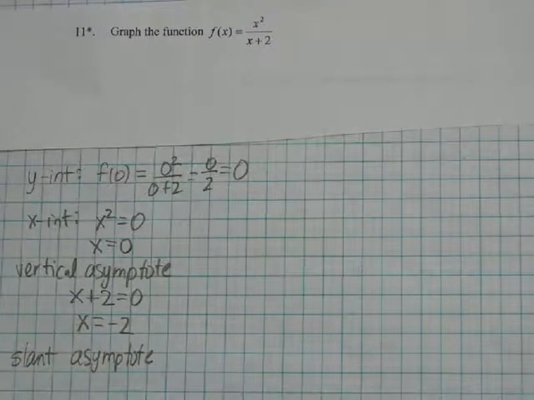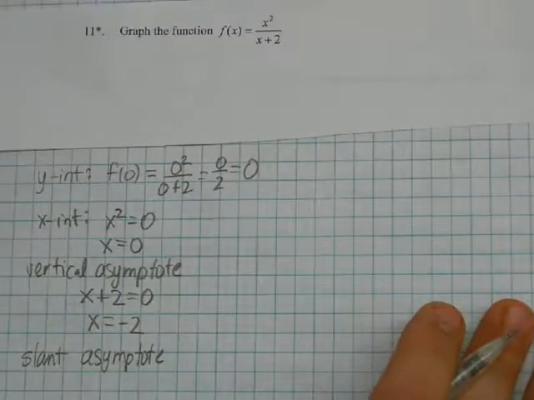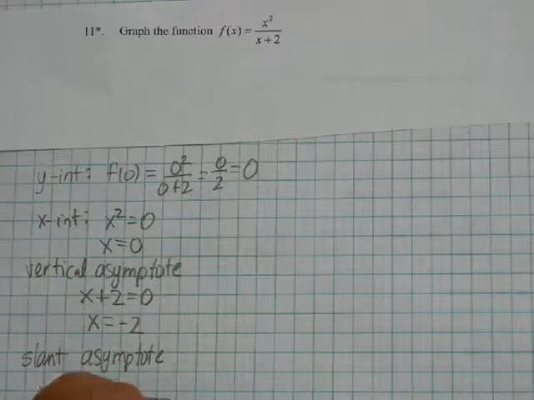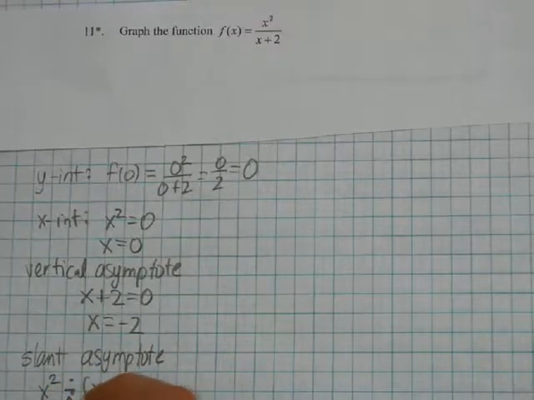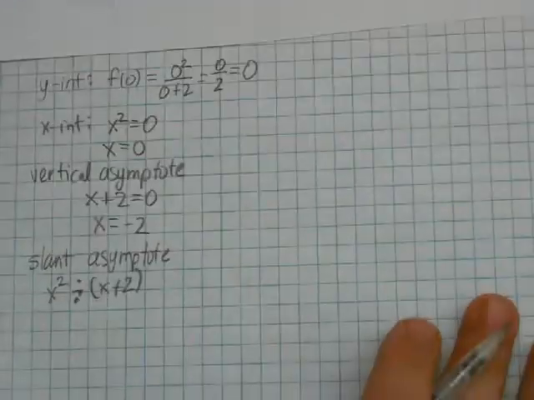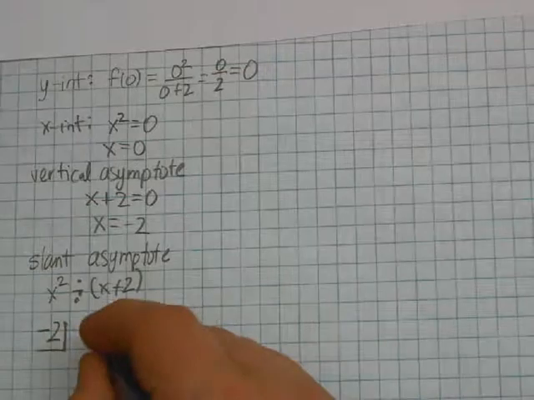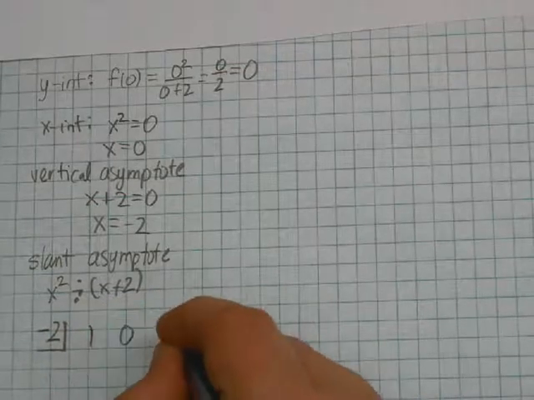We're going to find that by dividing. Now, because we're dividing by a linear factor, we can use synthetic division. So put negative 2 on the outside, and then 1, 0, 0.